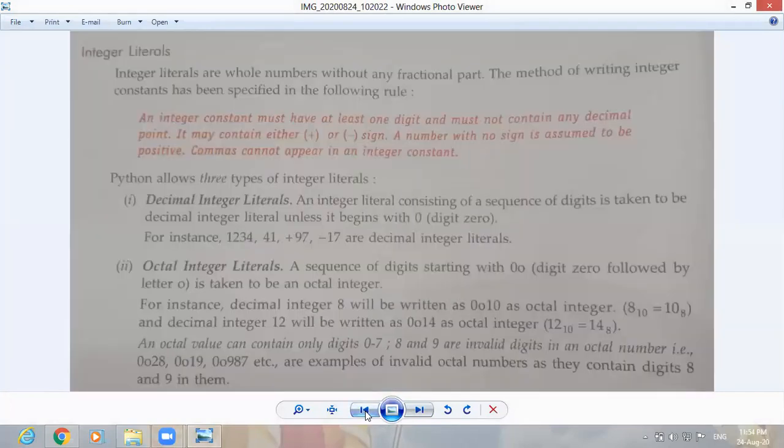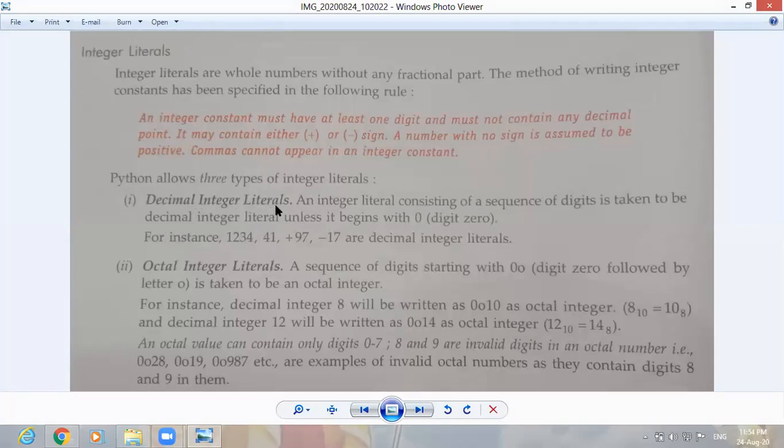So let us talk one by one. First, decimal integer literal. An integer literal consisting of a sequence of digits is taken to be a decimal integer literal unless it begins with 0. That means the numbers from 0 to 9. All the numbers which come under 0 to 9 are considered decimal numbers, and all those numbers are decimal integer literals.